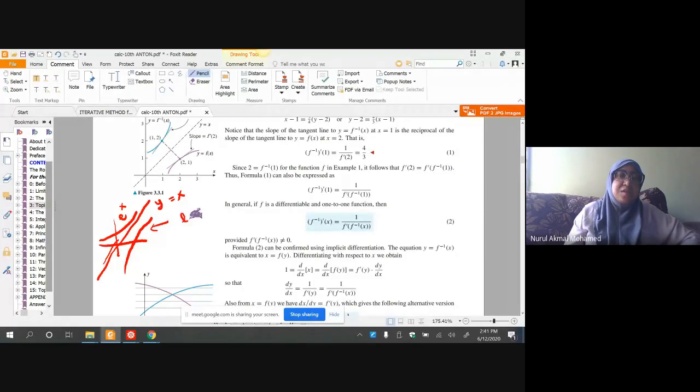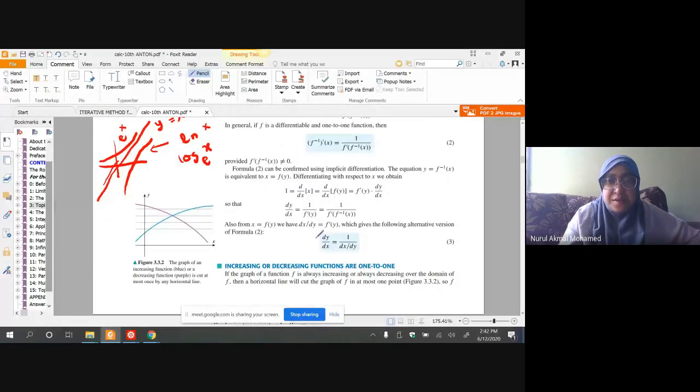This is ln x, which is the log of x with the base e. So they are inverse to each other. In other words, this graph is reflected about y equal to x.